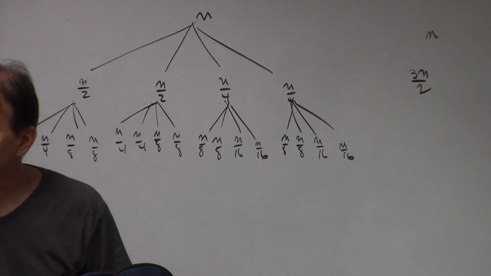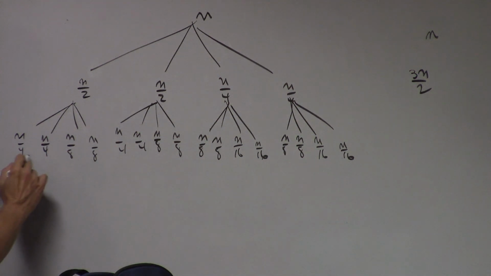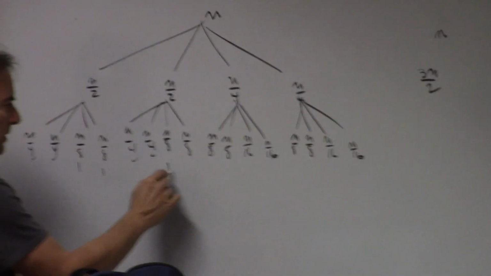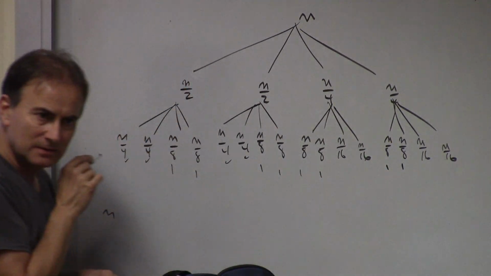Okay, so now let's see what we have for the next level. We've got to be really good at adding fractions, so we don't make any mistakes. So here we have n over 4, n over 4, n over 4, n over 4. That creates n. Now, n over 8, 1, 2, 3, 4, 5, 6, 7, 8.